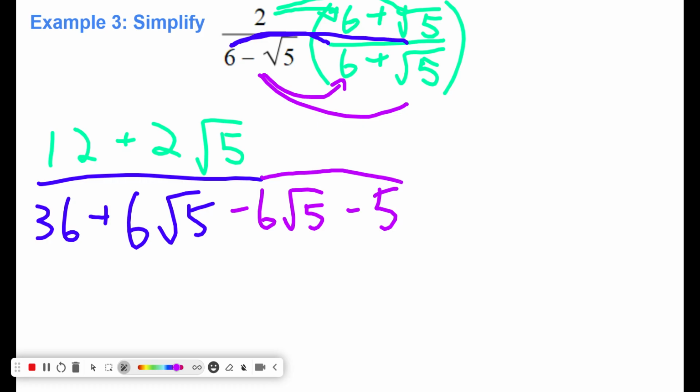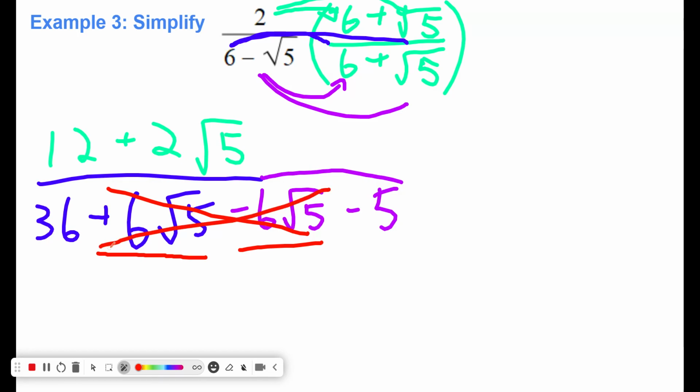All right. That was a lot of distributing practice there that we haven't done in a minute, so that's nice. On the top, we have 12 plus 2 times the square root of 5. Those are not like terms, so we can leave that as it is. On the bottom, though, we have positive 6 square root of 5 and negative 6 root of 5.